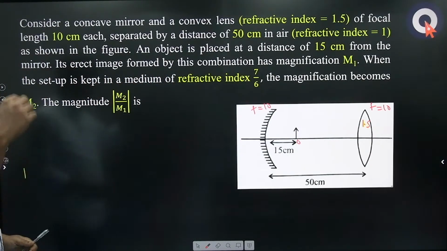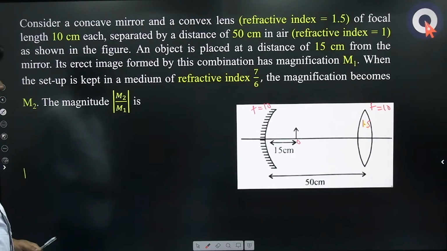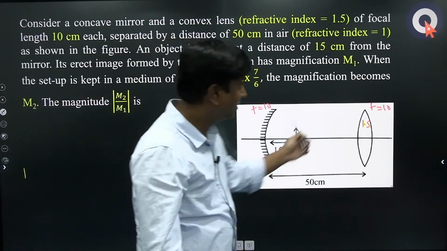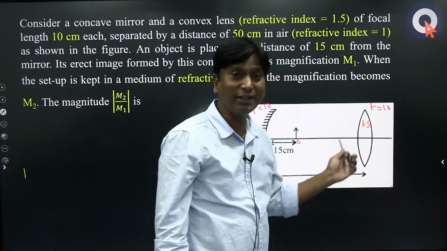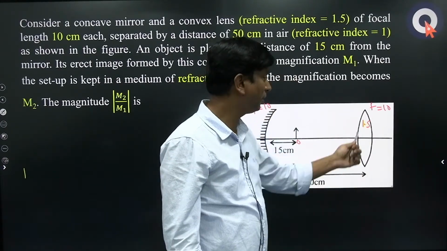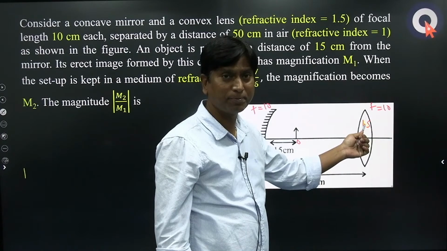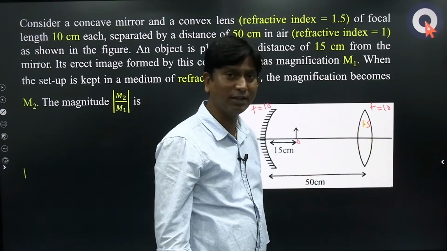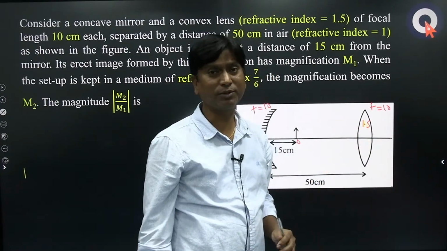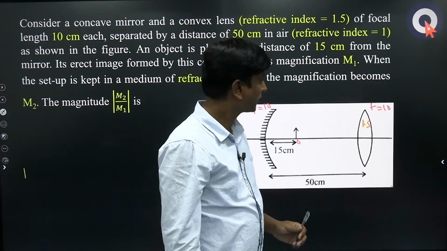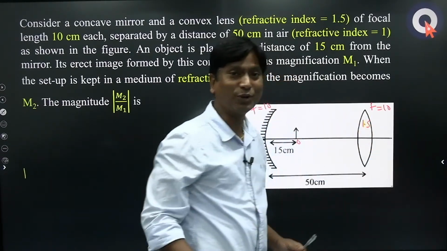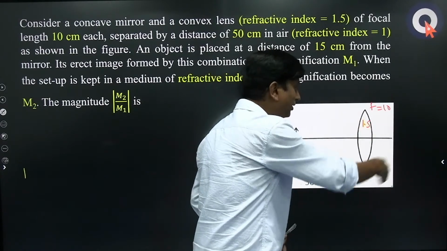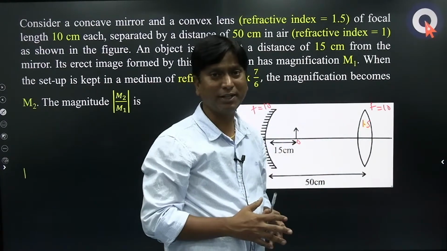Because the focal length of the lens will not only depend on the refractive index of the lens, but also on the surrounding medium, correct? So that is why definitely the focal length of the lens will change when you put it in some other medium.